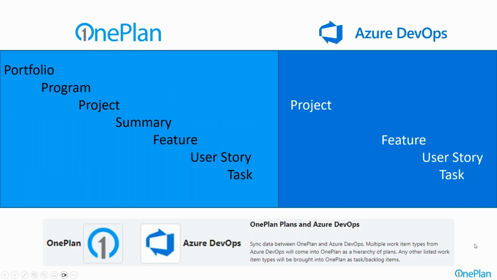Now, another aspect could be the same similar type of thing, but this portfolio level may have a predominantly waterfall, say, schedule over in OnePlan, in the work plan level. And there may be a pre-built schedule in there that has a number of different summaries and tasks in there, but there may be features, user stories, tasks over in Azure DevOps that you would like to intermingle into a hybrid schedule.